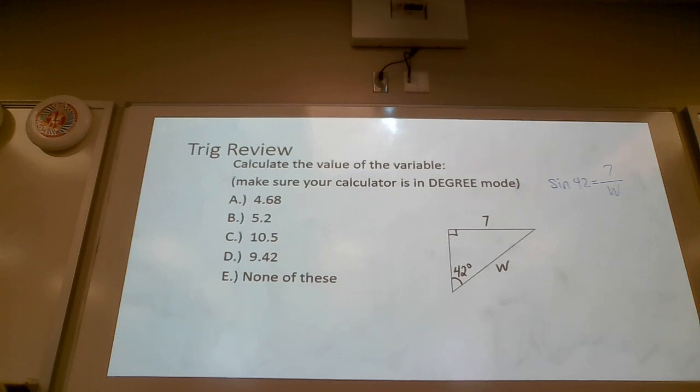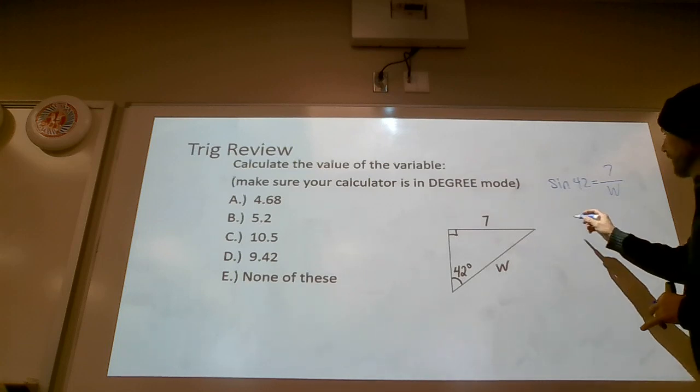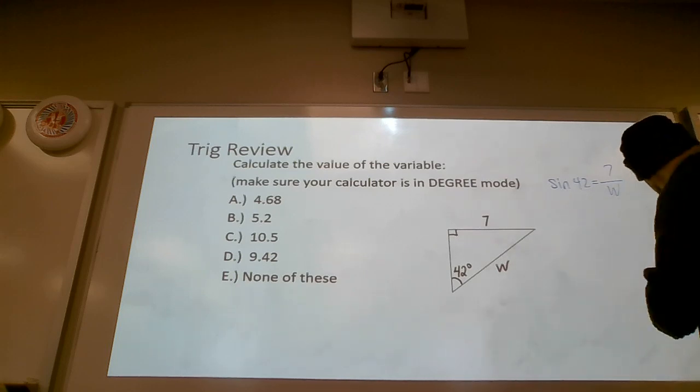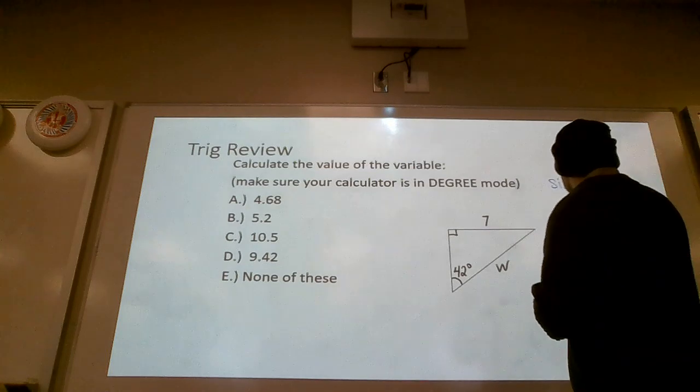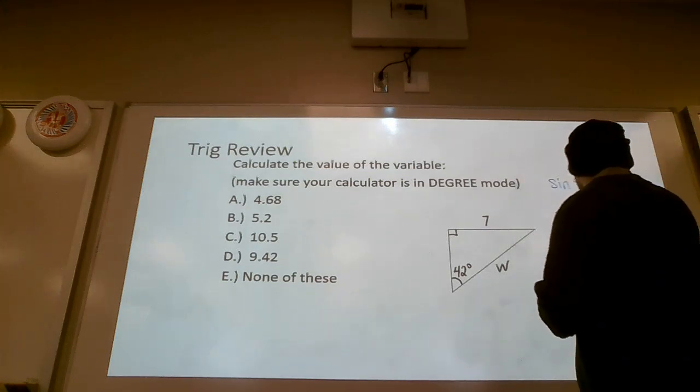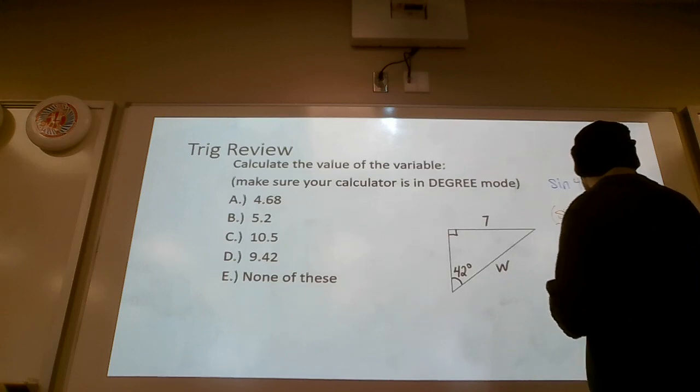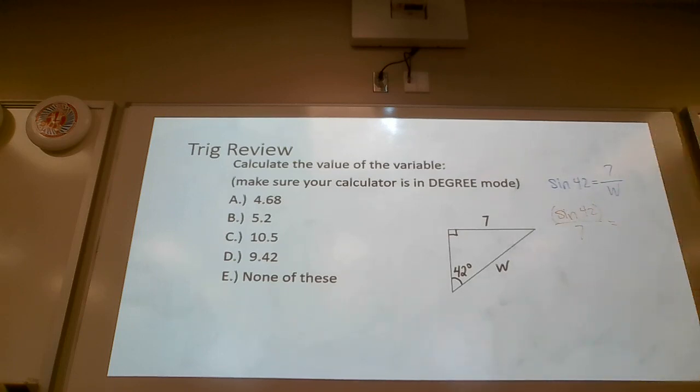Okay. If you got, I think A is the popular pitfall. You're like, oh, I got to get W by itself, so I'm going to go sine of 42 divided by 7. That gets W by itself. Yeah, sort of, but that's 1 over W is what you just found.